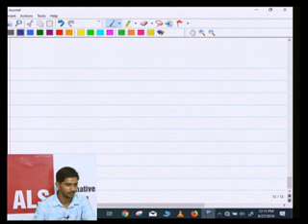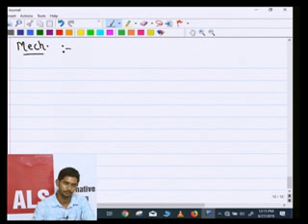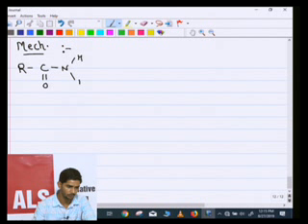Now let's start with the mechanism. Quite important. See, guys, everybody has to clear each and every step. R CO NH2. I can write NH2 like this. There are lone pairs.